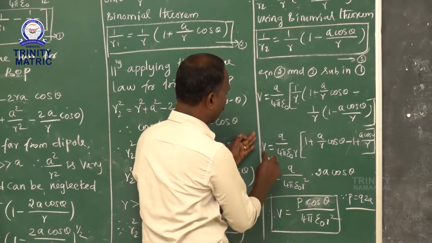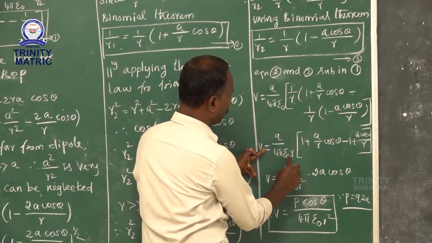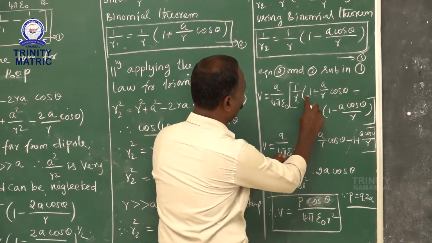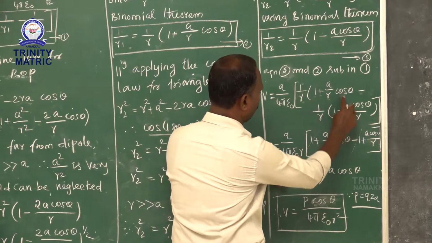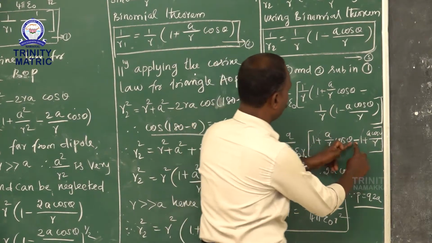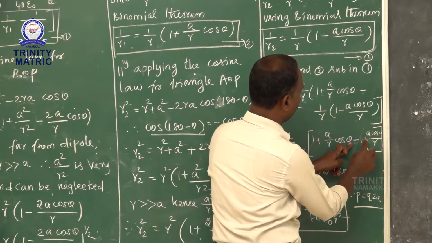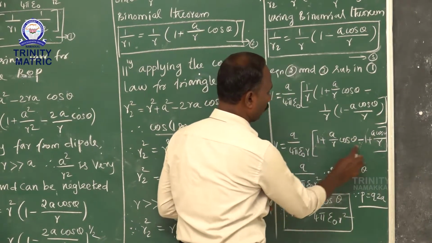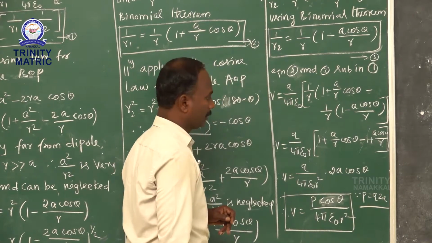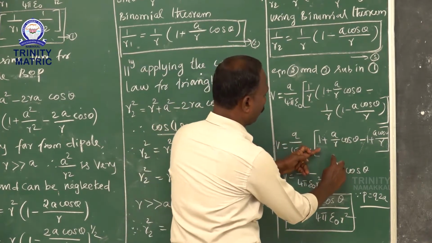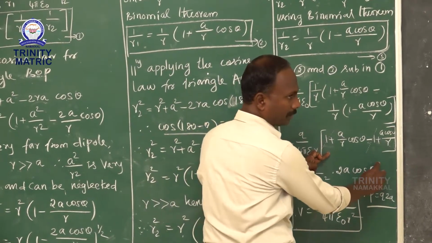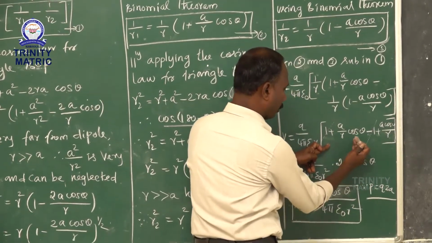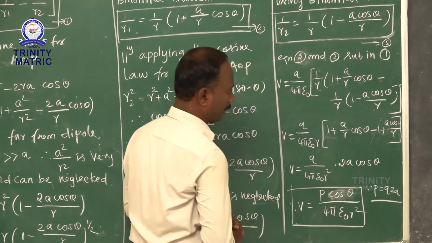Again we get V is equal to Q by 4 pi epsilon naught R, remaining value 1 plus A by R cos theta minus 1 plus A cos theta by R. So 1 will be cancelled, plus 1 minus 1. Again A by R cos theta.